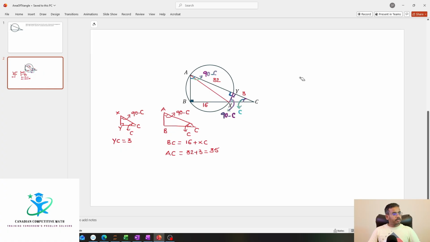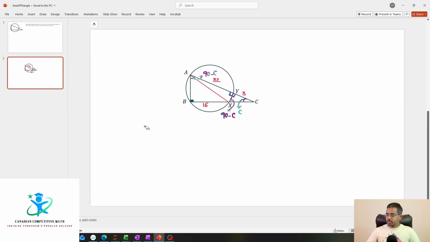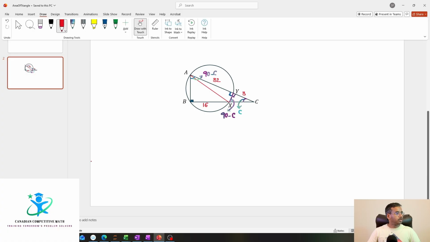Now the whole aim of this is to find the area of the triangle. I'll erase this also. So I'll go back to the board.